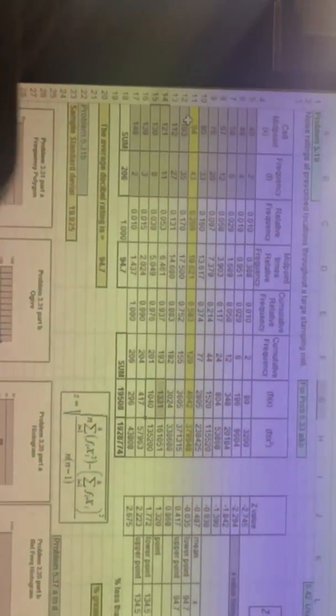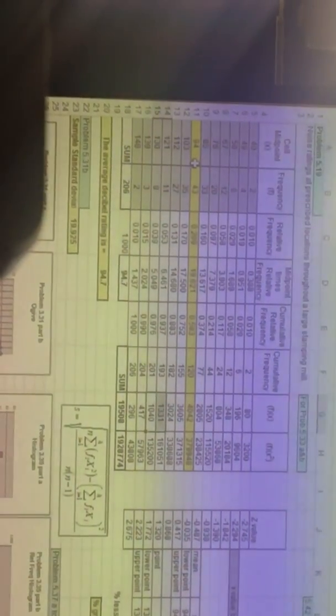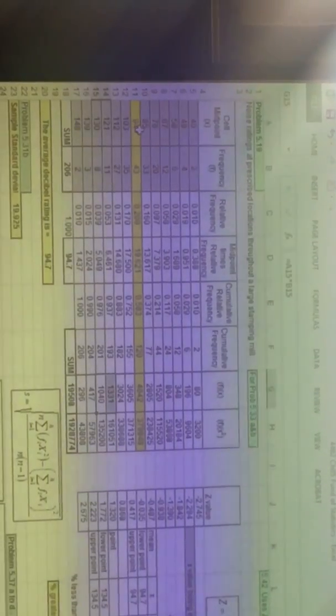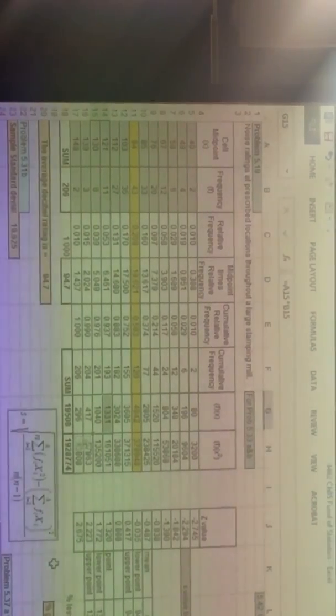So the midpoint is going to be in the 94 bar. What's the lower boundary of that bar? Take 94 plus 85 divided by 2, or it's halfway between 85 and 94. So that would be the lower boundary for the bar that contains the midpoint.